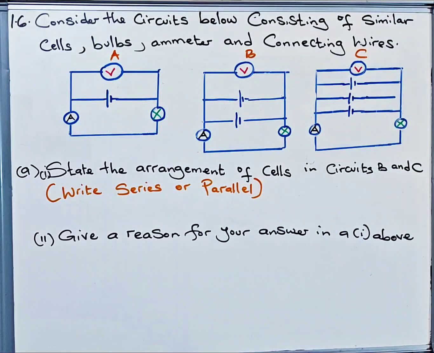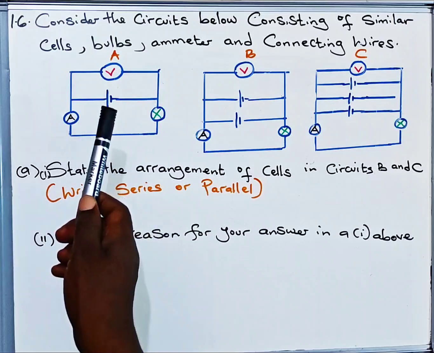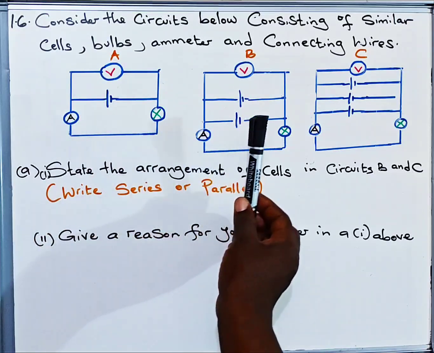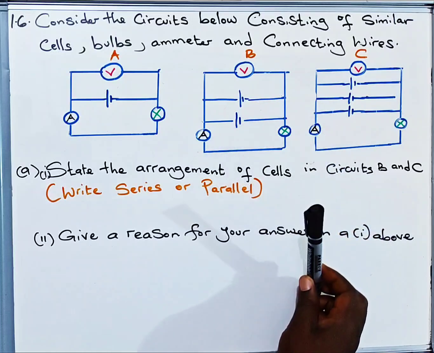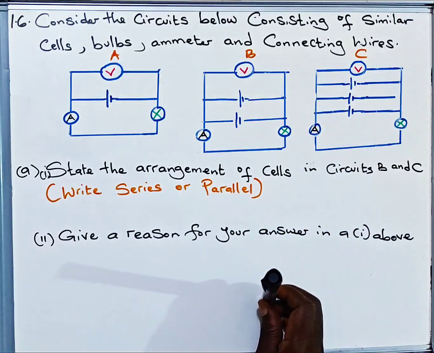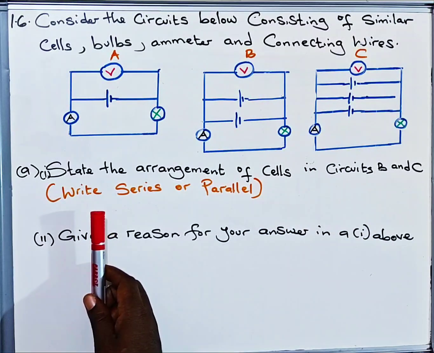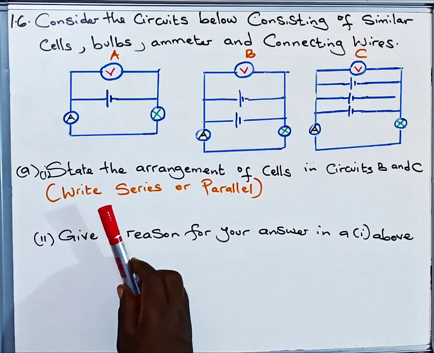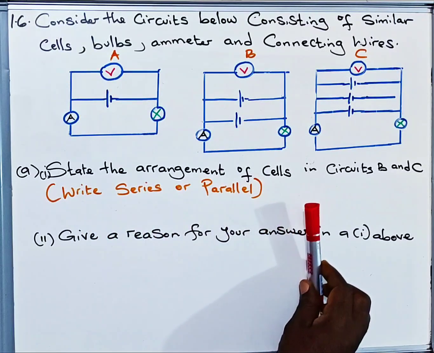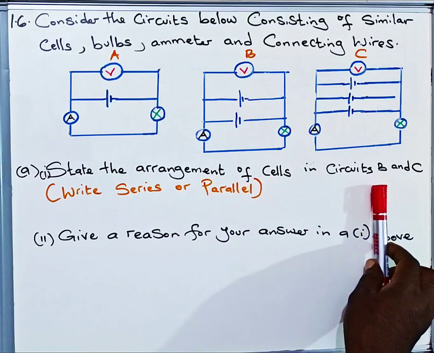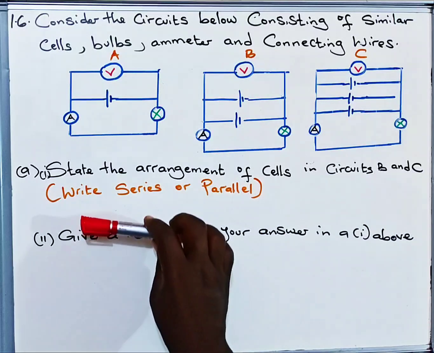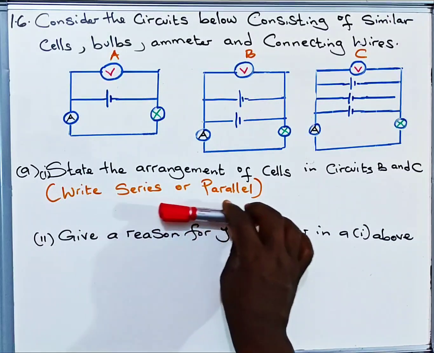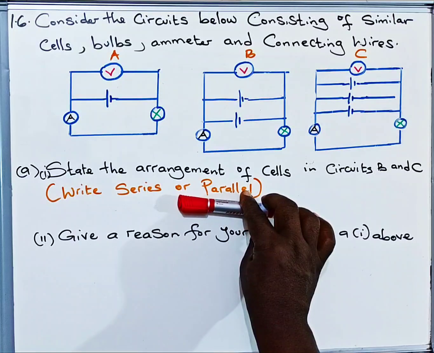Here we have one cell, we have eliminated it, but here we have two cells, and here we have three cells arranged. Then the question says, state the arrangement of cells in circuits B and C, series or parallel.